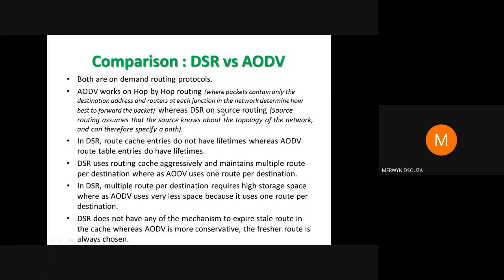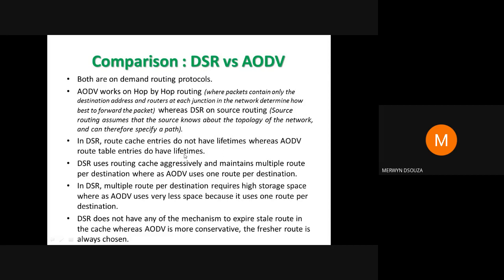Whereas DSR does source routing. Source routing means it knows the entire topology and therefore specifies the entire path. The second major difference is that in DSR, the routing table entries do not have any lifetime. They are not deleted after a specified amount of time, whereas in AODV, the entries are deleted after a specified amount of time.